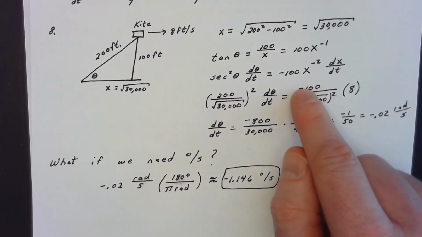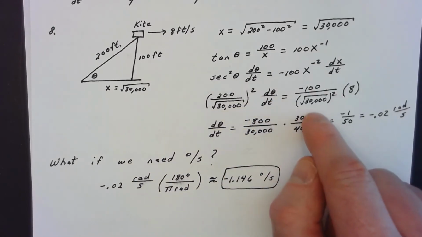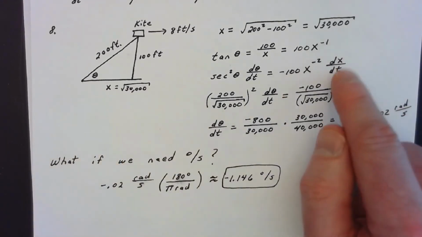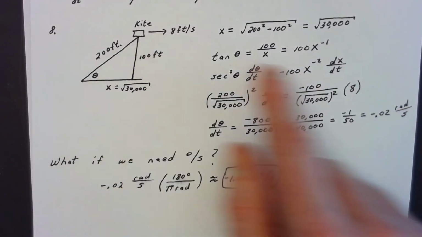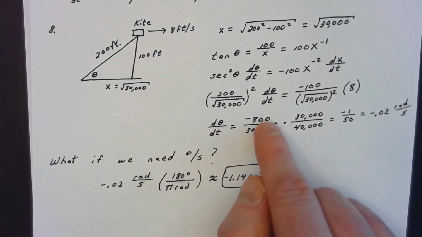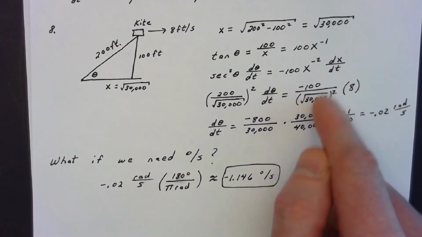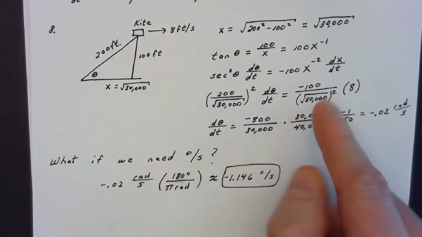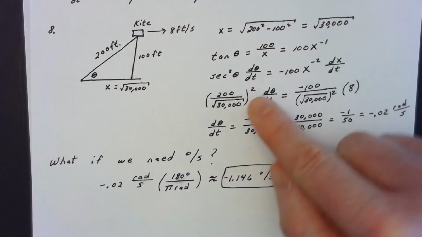On the right-hand side, I have negative 100 over x squared. Well, that's going to be over the square root of 30,000 squared, times dx dt, which is a positive 8. So now, d theta dt is going to equal negative 800 over 30,000. And then you need to multiply by the reciprocal of this quotient right here.